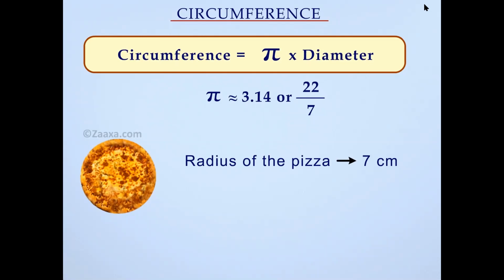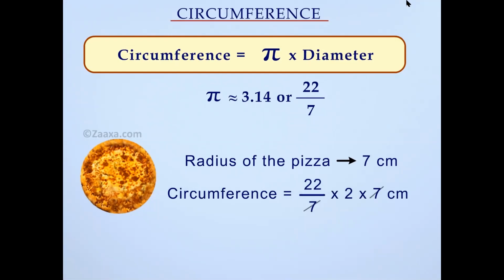We know the diameter is 2 times radius. Therefore, the circumference of the pizza is pi times 2 times the radius, giving us the answer 44 centimeters.